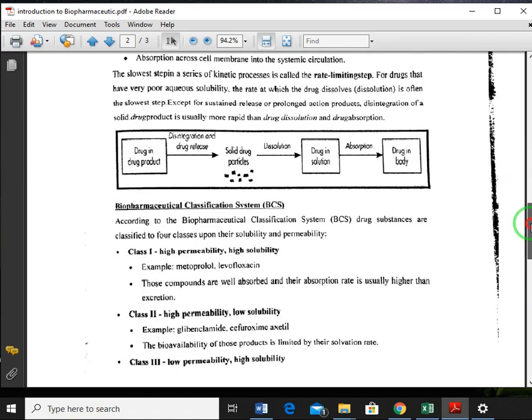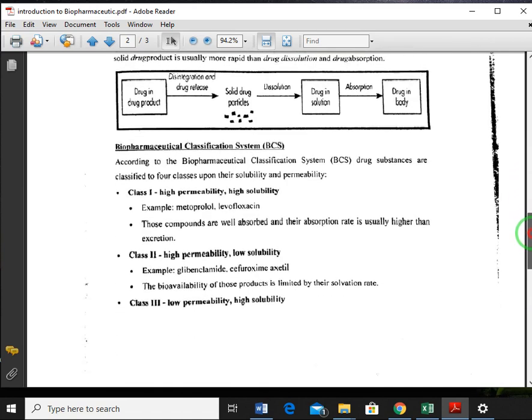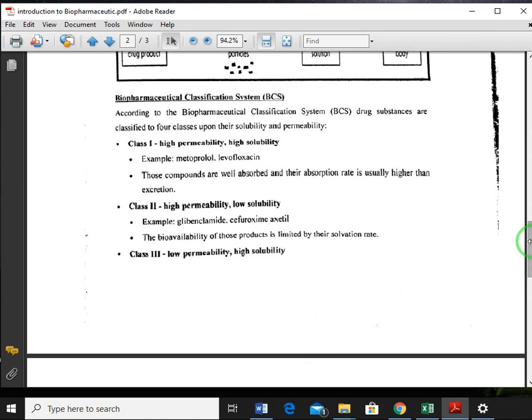You people are familiar with the BCS classification, the Biopharmaceutical Classification System. According to the Biopharmaceutical Classification System, drug substances are classified into four classes upon their solubility and permeability: Class 1, Class 2, Class 3, Class 4.